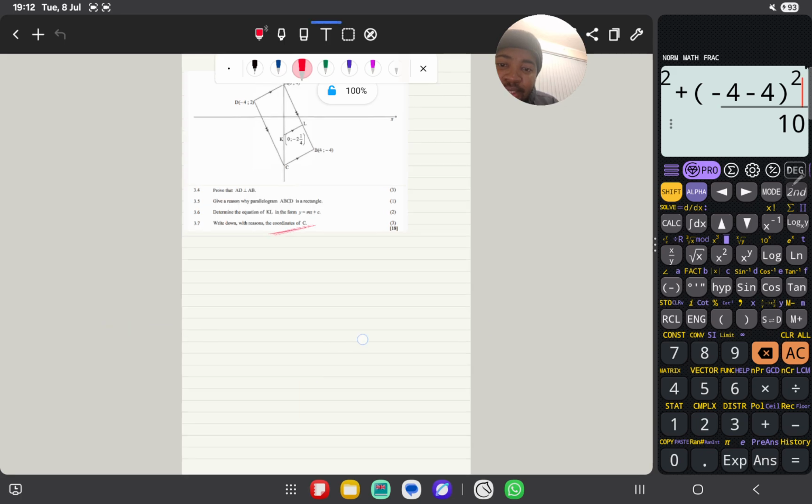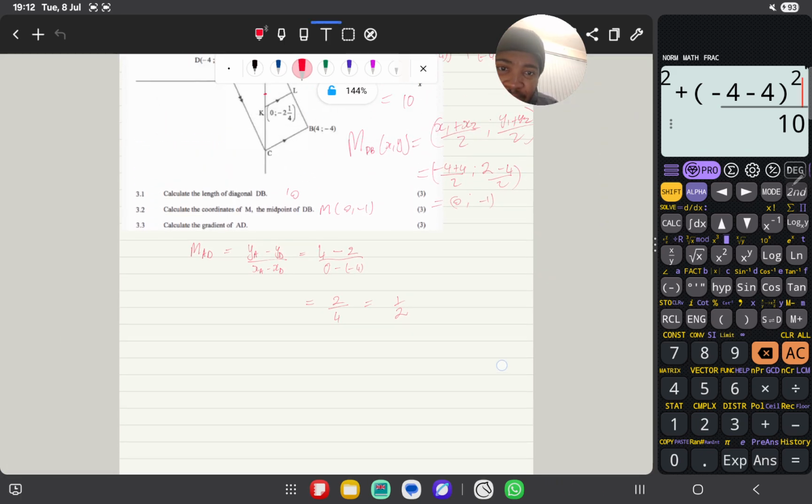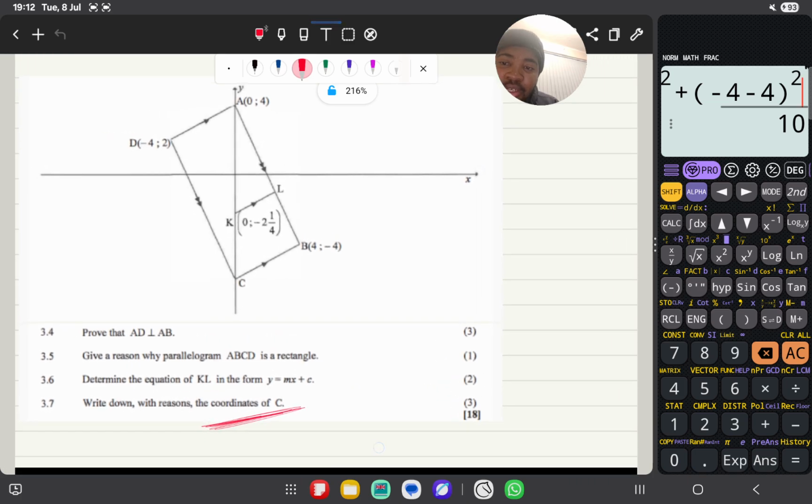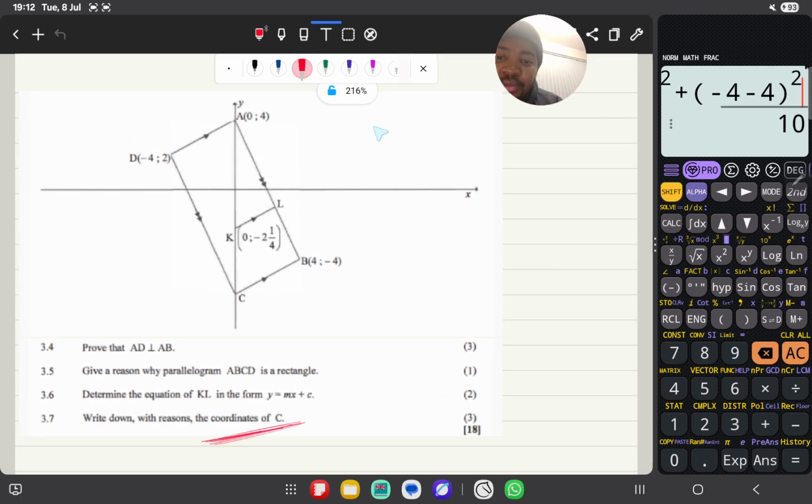So let me see if we did actually find the gradients. We never did. So let's get right on it. For AB, you would say it has to give you YA minus YB over XA minus XB.